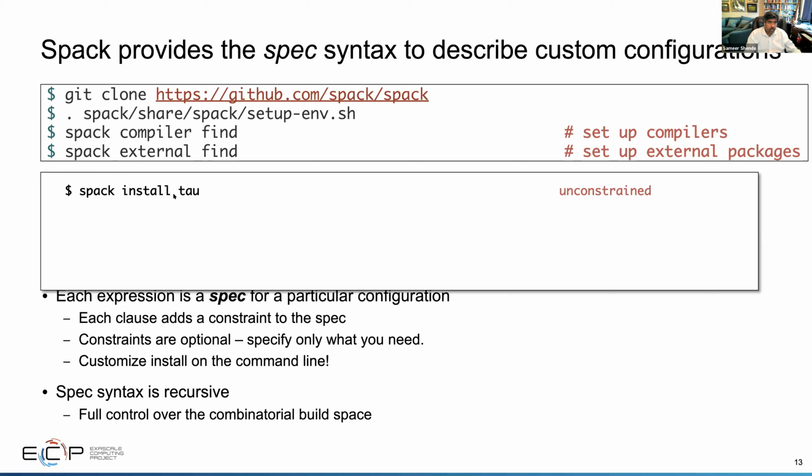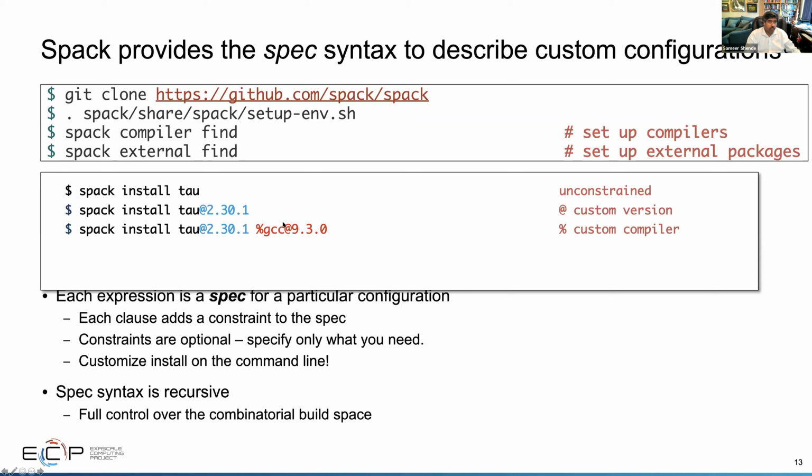And then you can specify, say, spack install tau or tau@2.30.1 for a custom version. Or you can say with compiler version gcc 9.3.0, where @ is the symbol for the custom version, and percent is the symbol to specify the compiler name. And this is the compiler name that it recognizes in the spack compiler find.